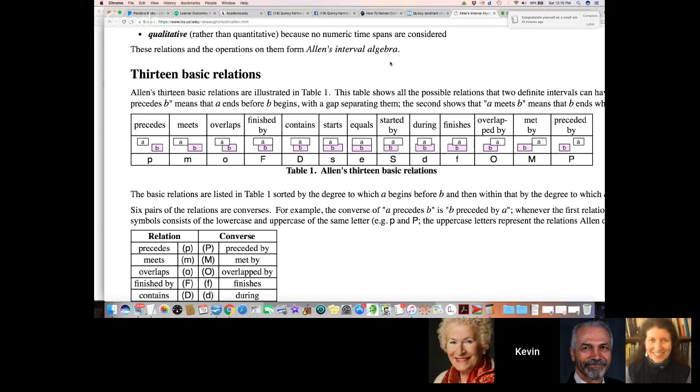So you can ask, does the end event of A precede the end event of B? And that is enough. And that actually covers all the other relationships. All the other relationships are a refinement of that basic relationship, the end event of A preceding the end event of B.